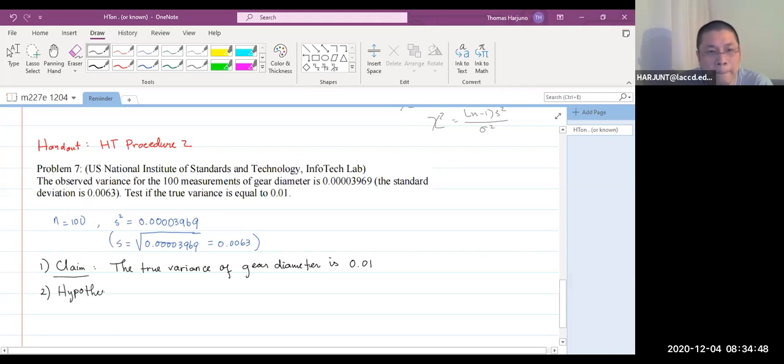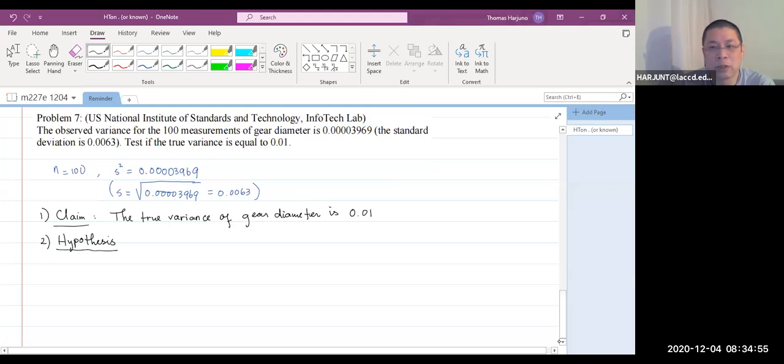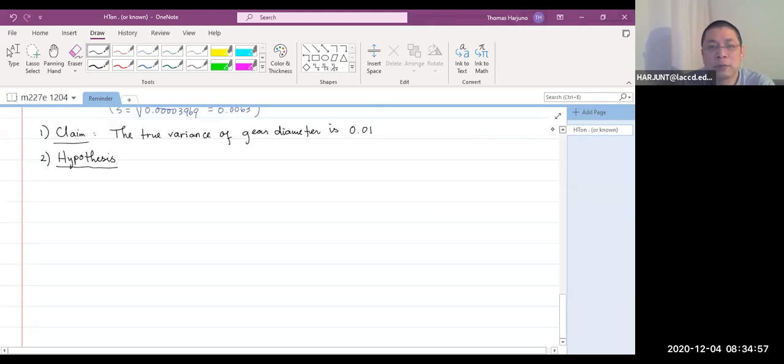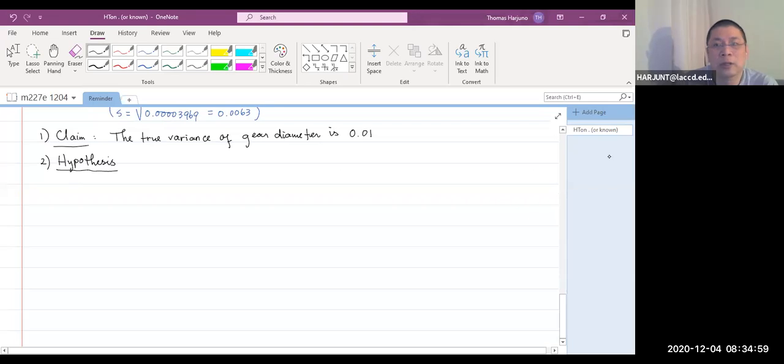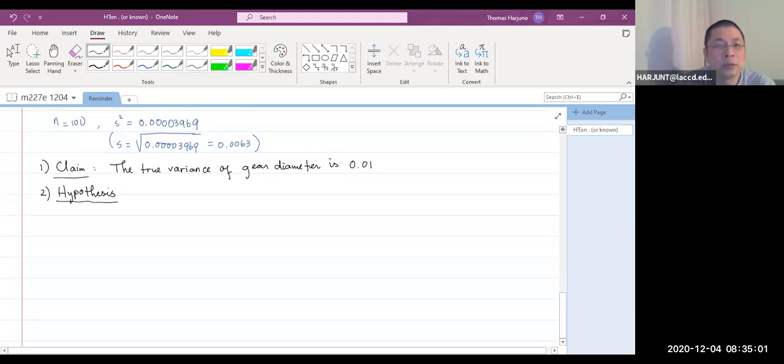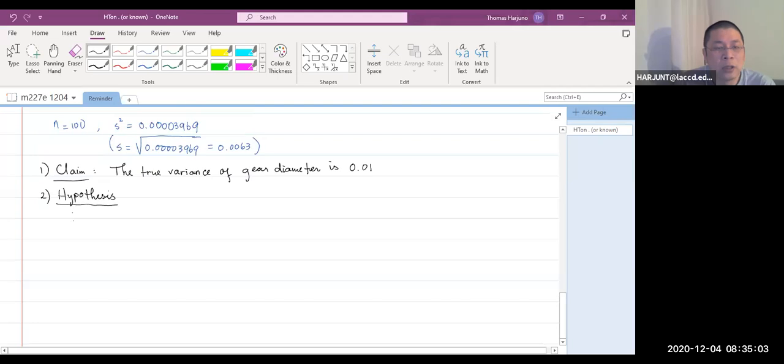Hypothesis: the null hypothesis and the alternate hypothesis. Variance is 0.01.